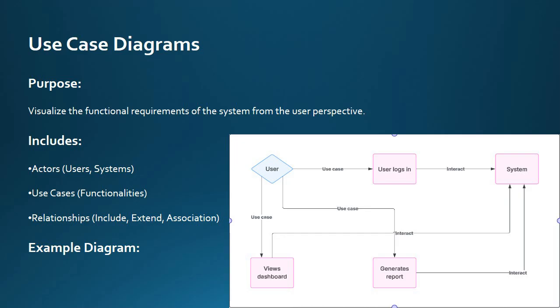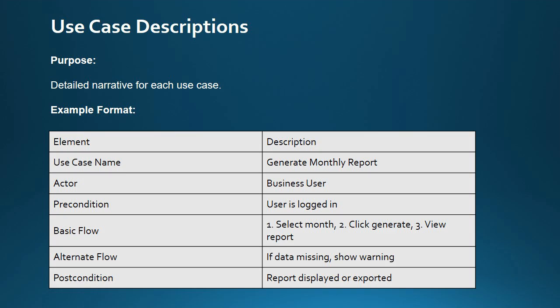Use case descriptions. While diagrams provide a visual overview, each use case should be documented with detailed textual descriptions. This helps ensure clarity and completeness, especially when multiple teams are involved in design and development.